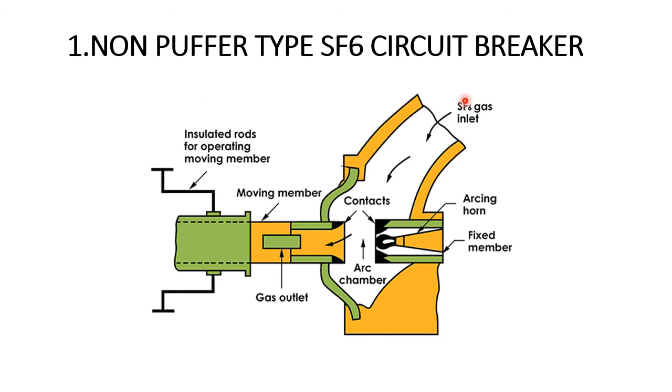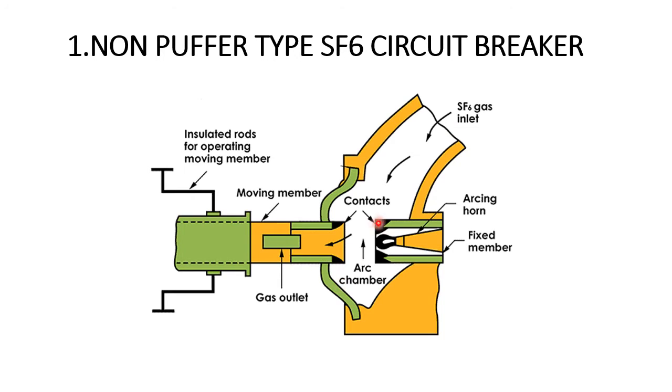So the valve which is present between the reservoir and the arc chamber is synced with the moving contact of the circuit breaker. It means that as soon as the moving contact separates from the fixed contact during any fault, the valve of the SF6 gas tank will automatically open and allow the flow of gas into the arc chamber.